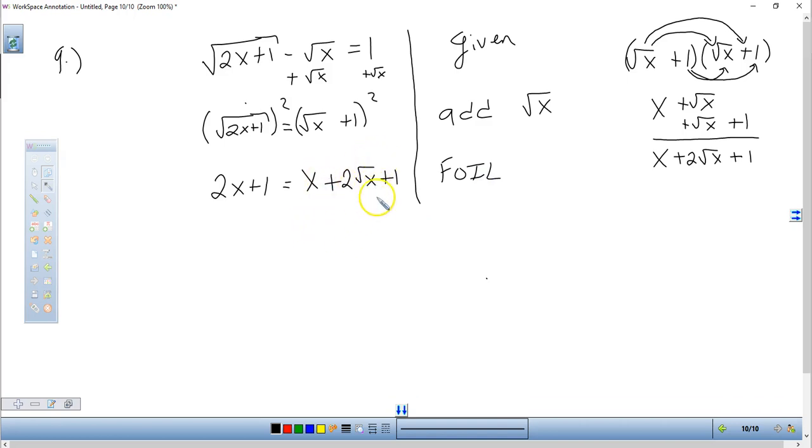Now I've got a radical here. I want to basically get this radical by itself. Let's move x. And we'll subtract 1.